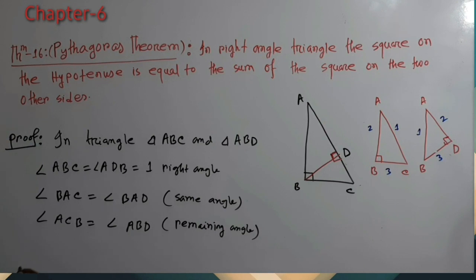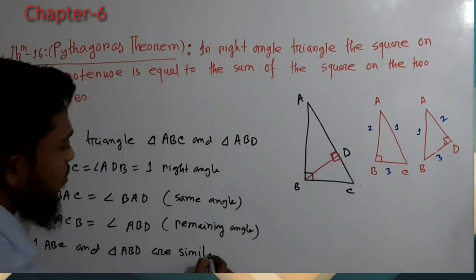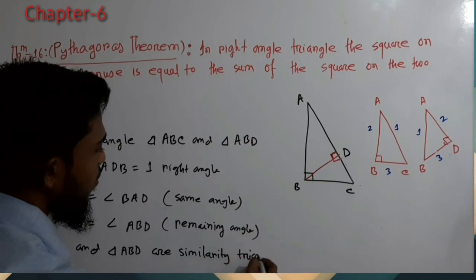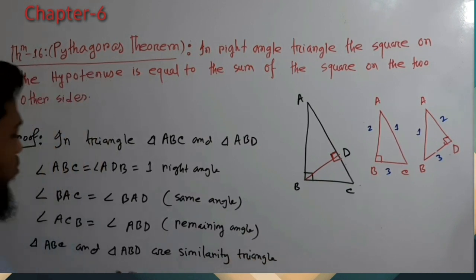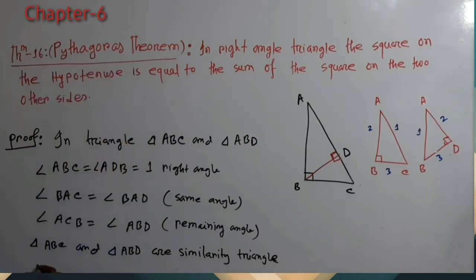So we can write triangle ABC and triangle ABD are similar triangles.